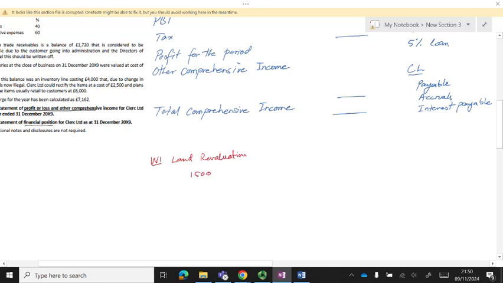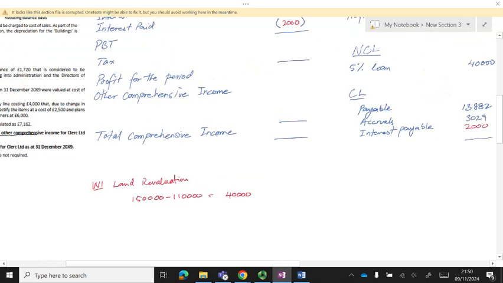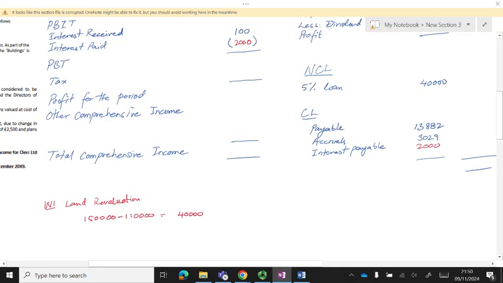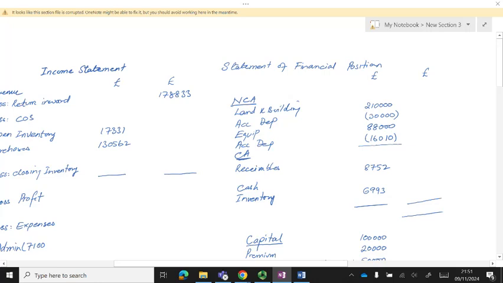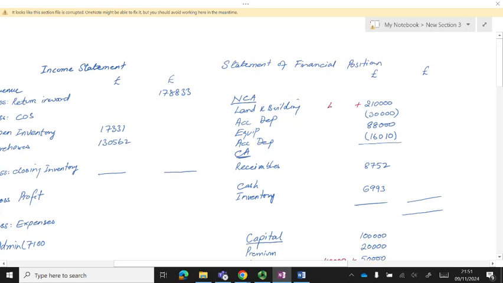Land revaluation, 150,000 minus 110,000 is equal to 40,000, and this land has been revalued by 40,000. This 40,000 will be recorded in the other comprehensive income. It will be recorded in the capital, and it will also be recorded in the land and building, 40,000.